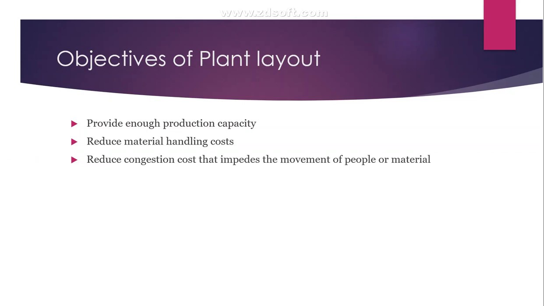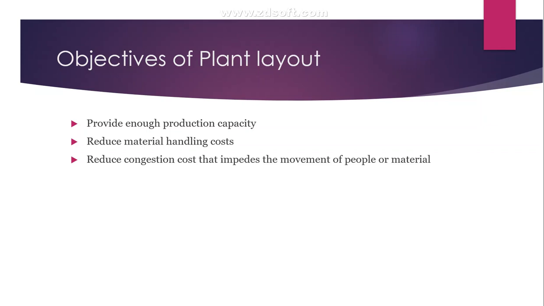Reduce congestion cost, that implies the movement of people or material. Congestion is a state where we say it is an overloaded system, where there is traffic or a lot of overloaded functioning with respect to production, with respect to the movement of people or material into your production system.